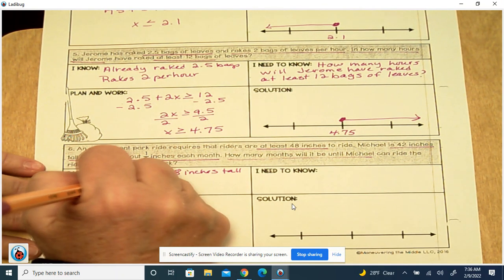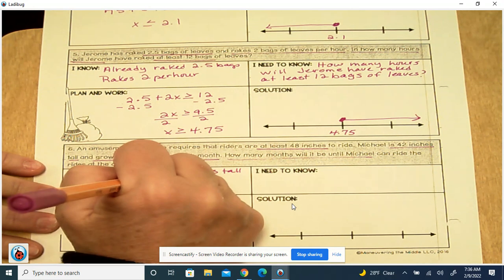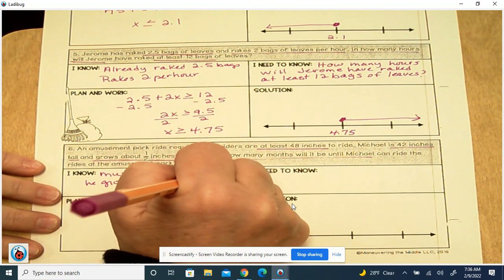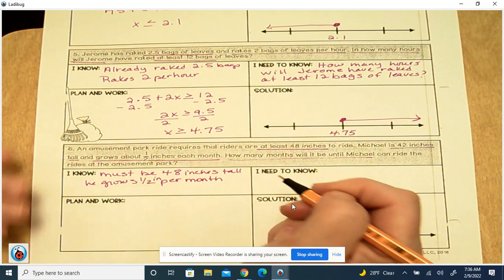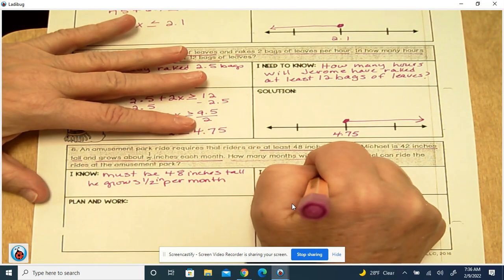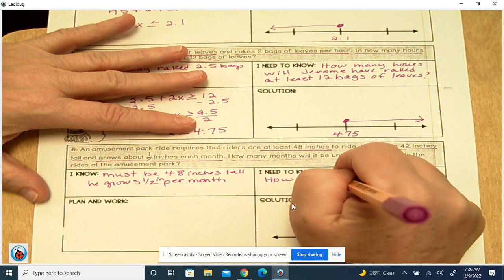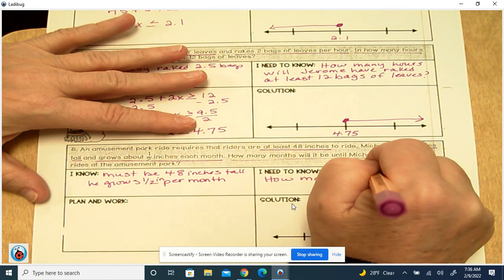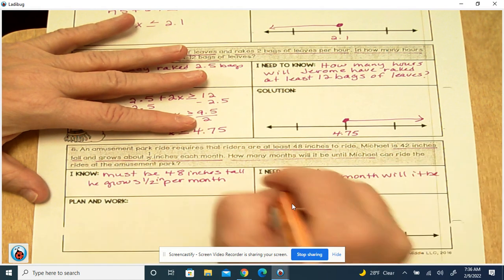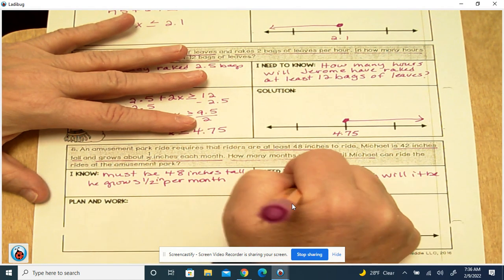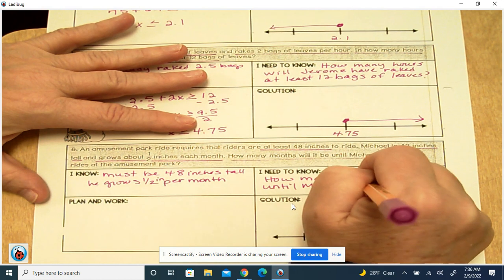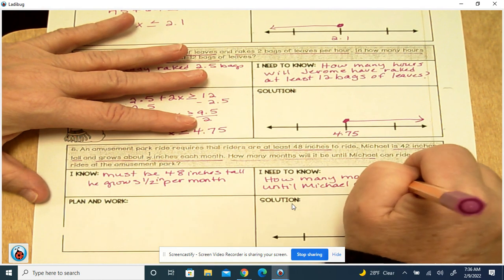He grows 1/2 inch per month. Okay, what do you need to know? How many months will it be until Michael can ride the rides.